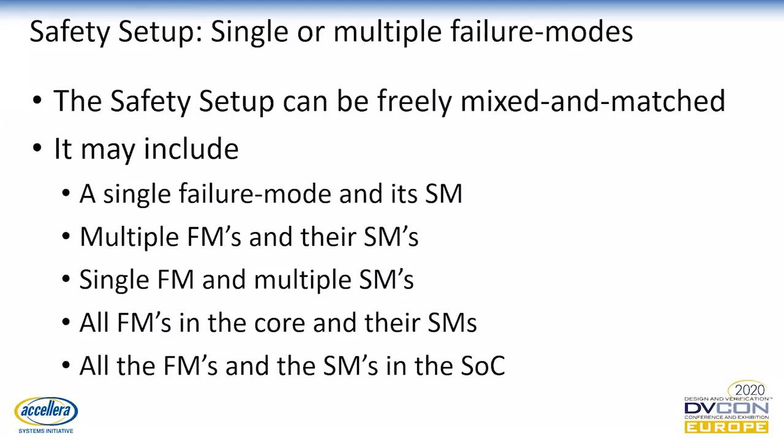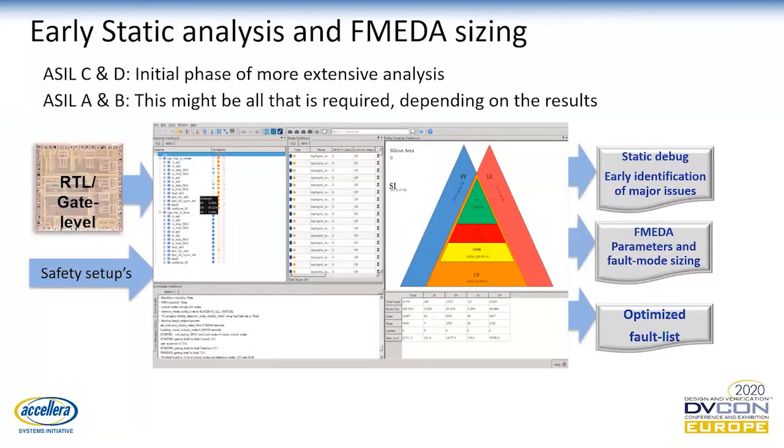So like this, you can really mix and match in Optima Safety Platform. Just by giving RTL or gate-level designs and a simple safety setup in terms of failure strobes and detection strobes, you can do static analysis. For further getting into the FMEDA parameters, like the fault mode sizing and different metrics, you can do static debug.